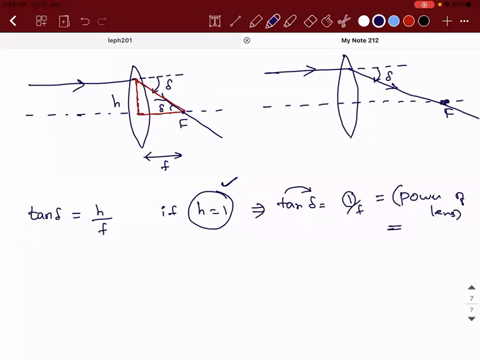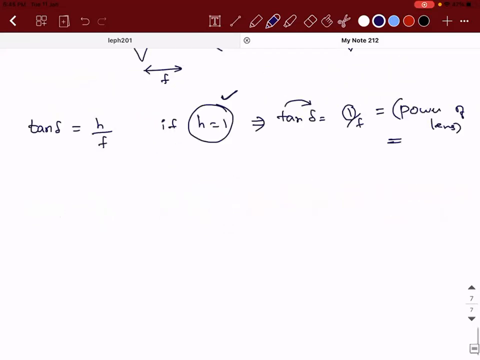Please make a note of it. Done? So what is the SI unit of power?